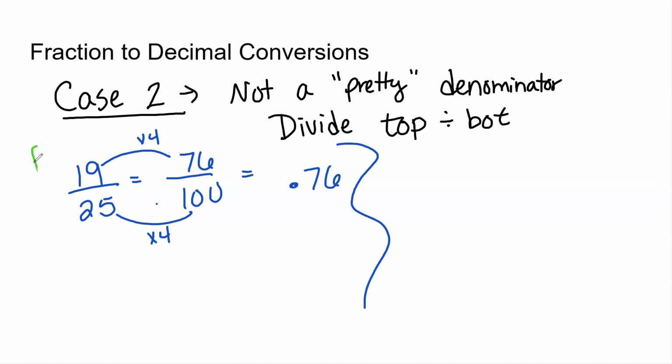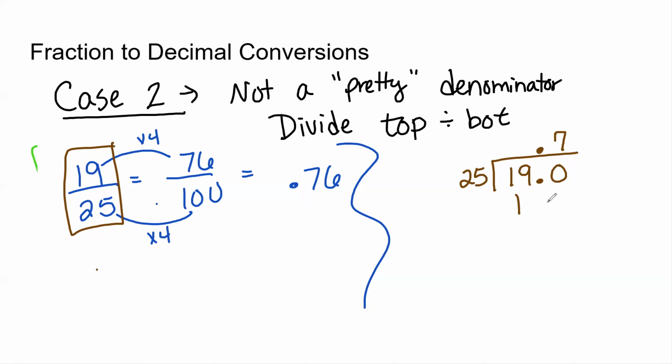Let's take the original problem, 19/25, and let's do the division. This will still work. Let's see if we get the same answer. We should. So 19 divided by 25. Well, 25 doesn't go into 19. Add a decimal, a 0, bring the decimal straight up. 25 into 190 goes 7 times, which is 175.